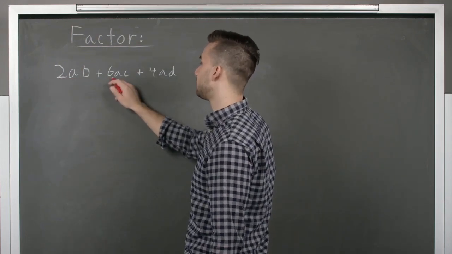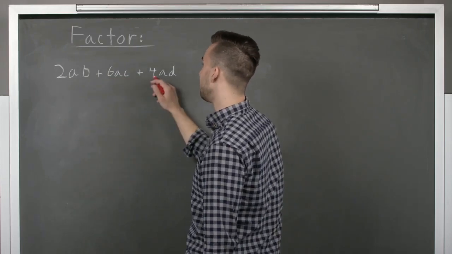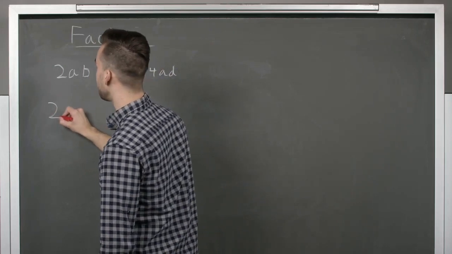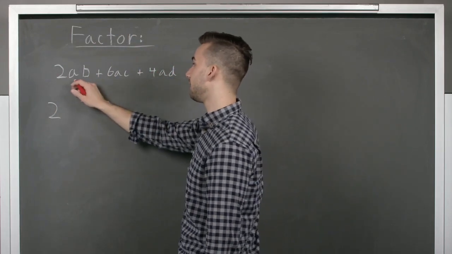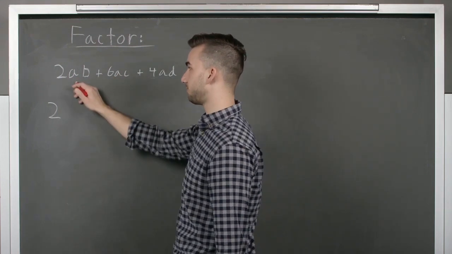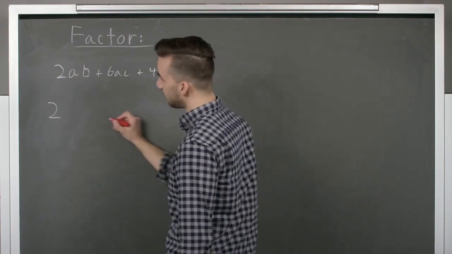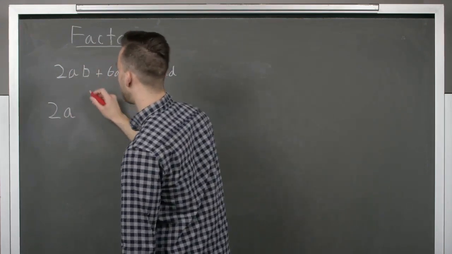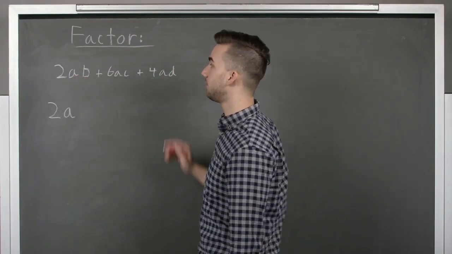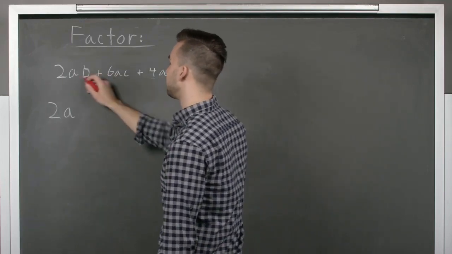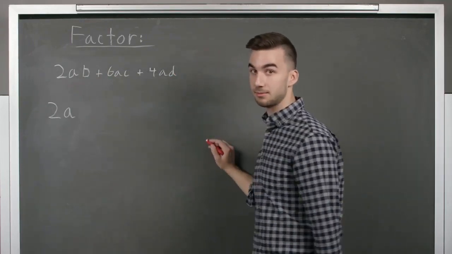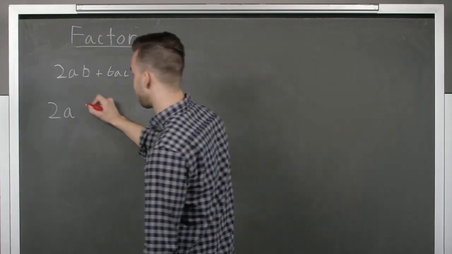This is 3 times 2, and here we have 2 times 2. So we can factor out a 2. And then a, do we have any other a's? Yep, so the lowest power of a is 1. We can factor out a. Do we have any b's? Oh, no b. So we can't factor out anything else because it has to be in common with every term in order for us to factor it out.